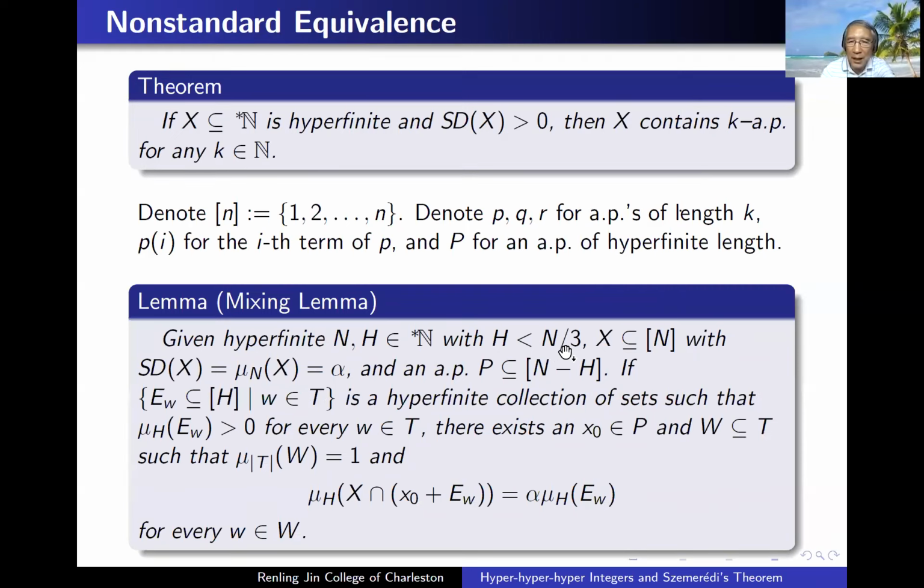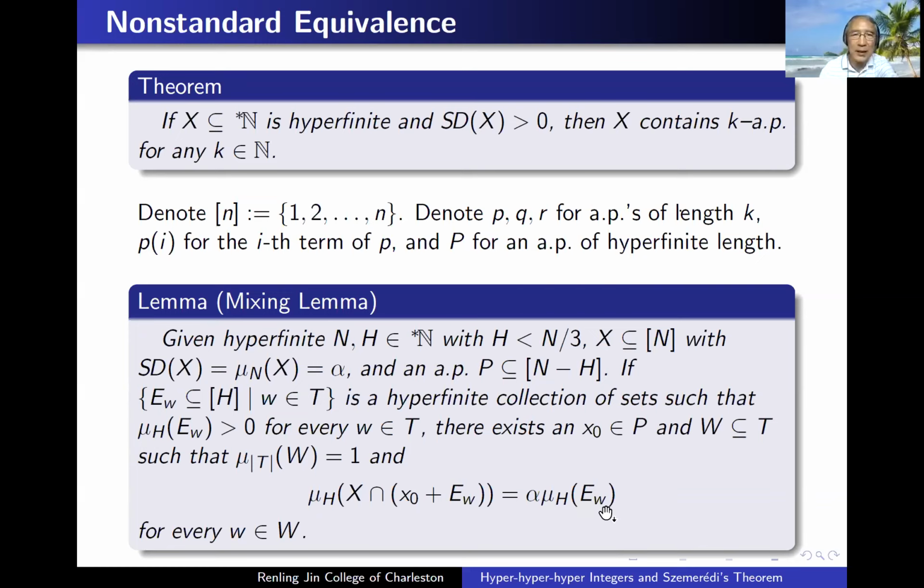If we have a set X with positive strong upper Banach density, and we pick another hyperfinite integer H, which is less than a third of N, and if we have an AP inside N, if the H contains many sets of positive measure, then we can lift those sets to a certain level so that they become independent of X. That means the measure of X intersect this set is alpha, which is the measure of X inside this small piece, times the measure of E_W.